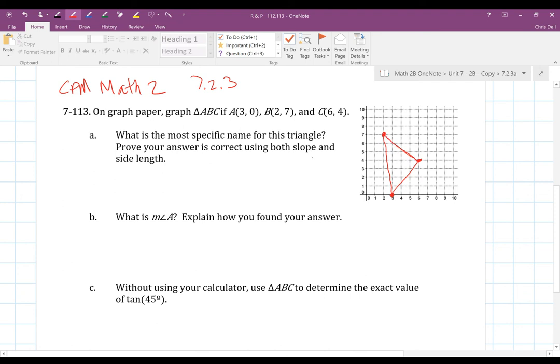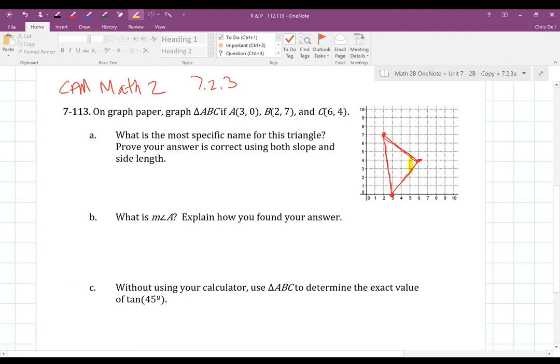So it says, what is the most specific name for this triangle? Prove your answer is correct by both slope and side length. So I want to basically see, is there a way for me to find the lengths of each of these sides as well as the angles? Because if I can find the angles, that also gives me some more information about this triangle. For example, I look and I see this angle and I think that might be a 90-degree angle.